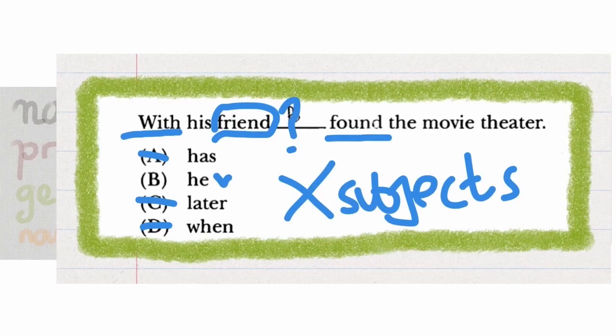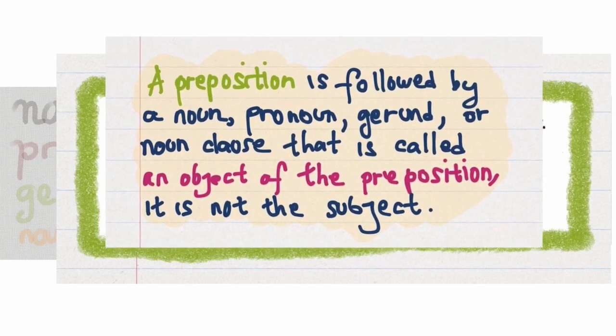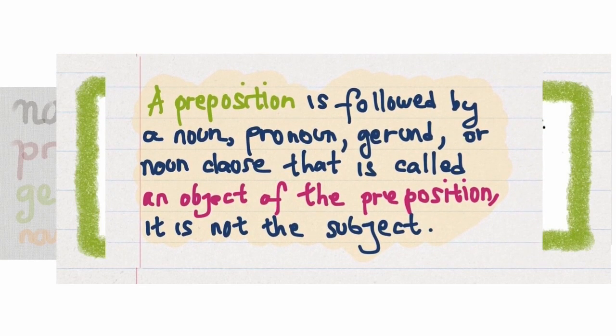Now let us sum up key information that you should remember about objects of prepositions. A preposition is followed by a noun, pronoun, gerund, or noun clause that is called an object of the preposition. It is not the subject. Now it's time for us to see and analyze some sample sentences.